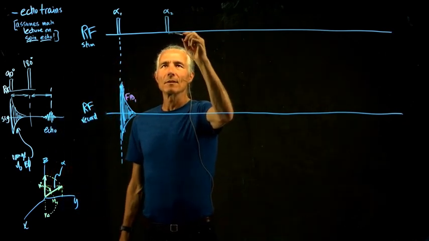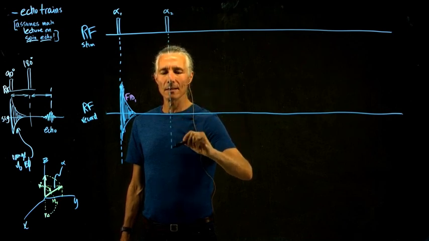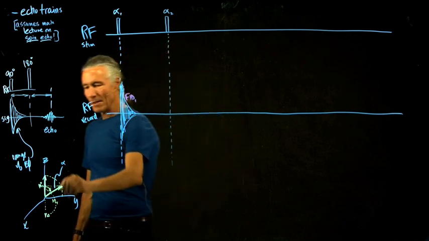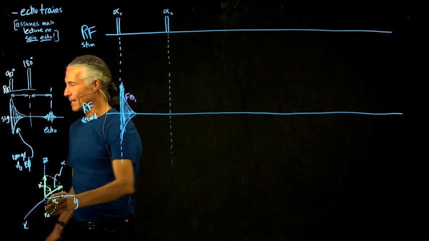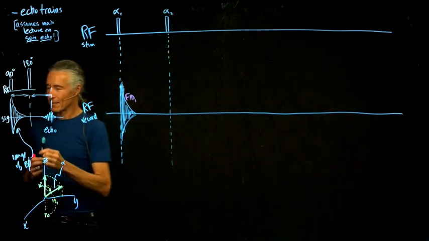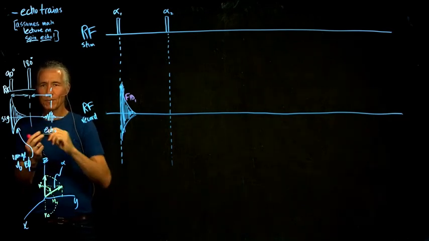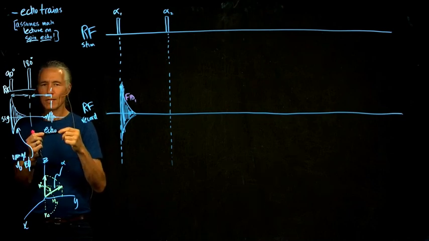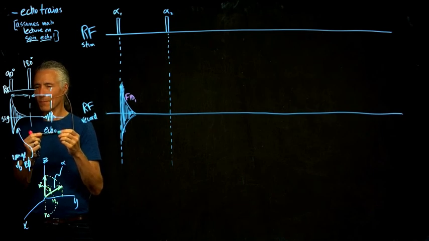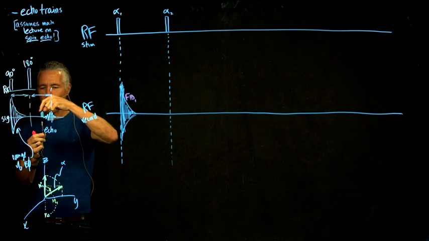Since it's not 90 or 180, it's actually, if it was exactly 180, then there's no FID. So keep that in mind. If you do 90, you get a whole bunch of transverse magnetization. 90 gives you the most, so a 90-degree pulse is the way to get the largest amount of signal. If you do nothing, you get no signal.